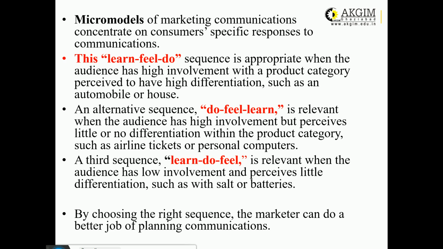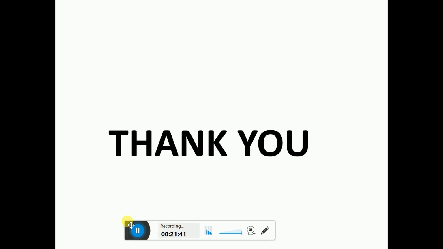Then the third sequence could be learn, do, feel, and this is relevant when the audience has low involvement and perceives little differentiation, in product categories like salt or a battery. So the consumer learns first, then makes a final decision, and develops a feeling about it. By choosing the right sequence for their product category, marketers can do a better job of planning the communication. So this is all about the hierarchy model.